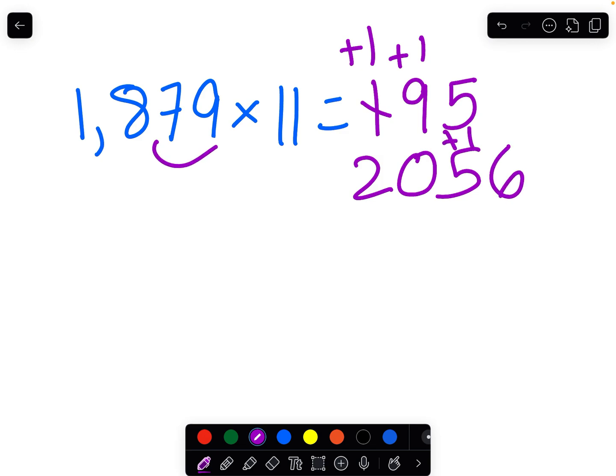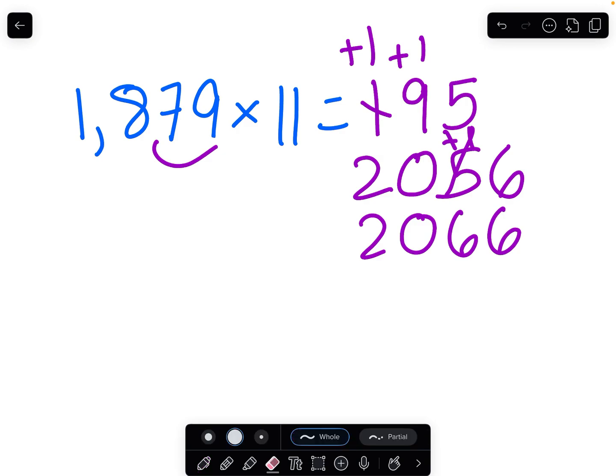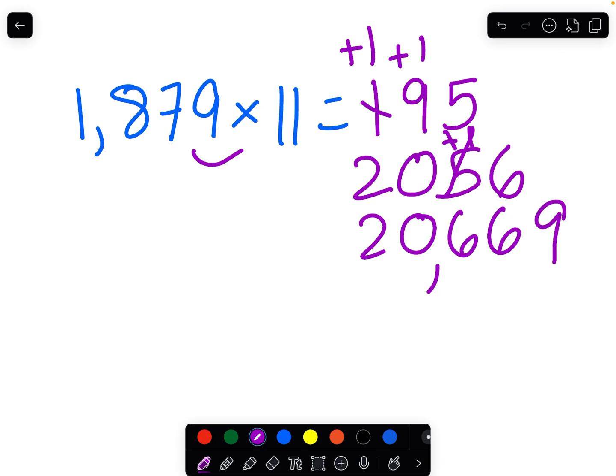I'm going to carry the 1 here. So we've now got 2, 0, 6, 6. And then we cannot forget, of course, to add that very last number to the end, 9. And there's our answer, 20,669. Pretty fun, right?